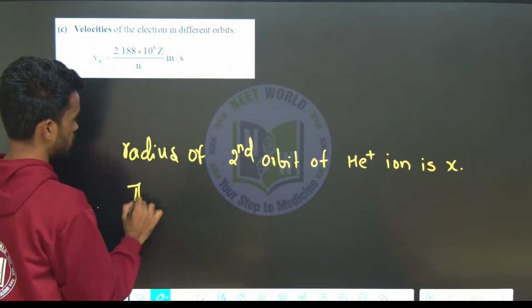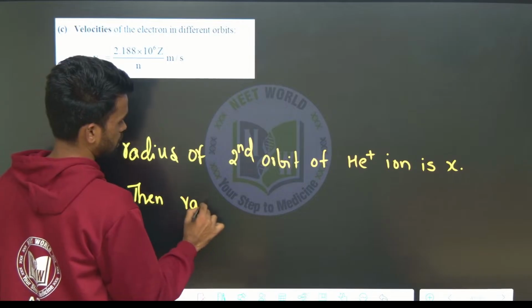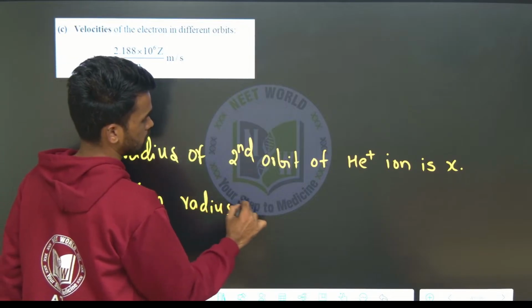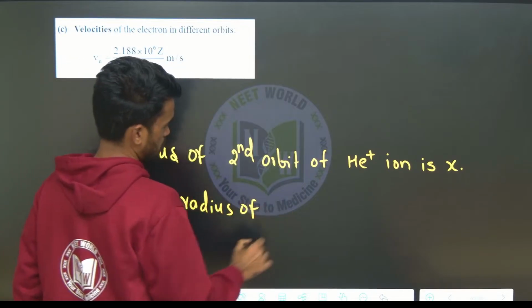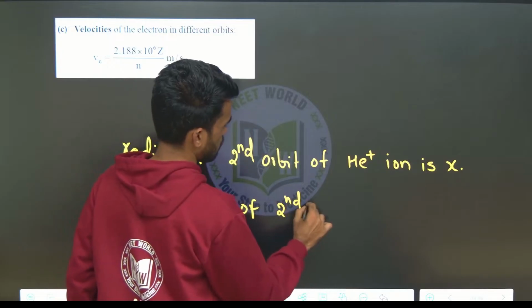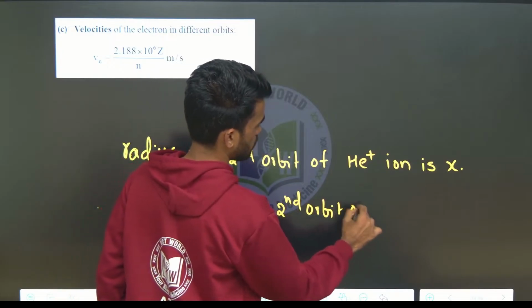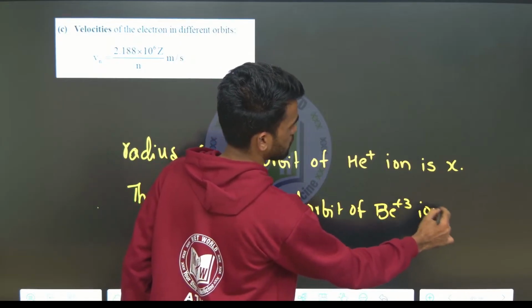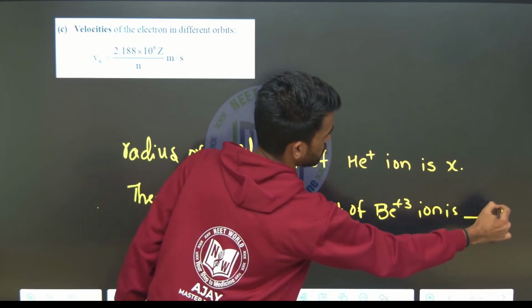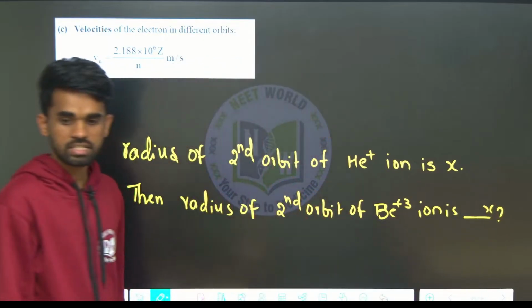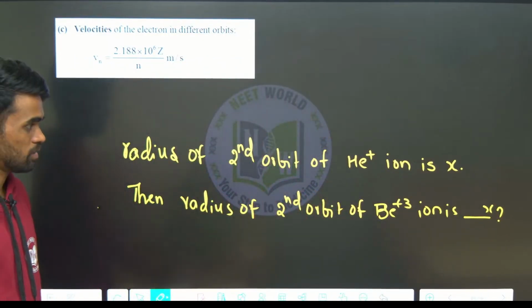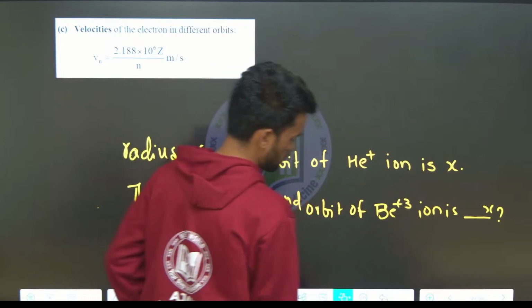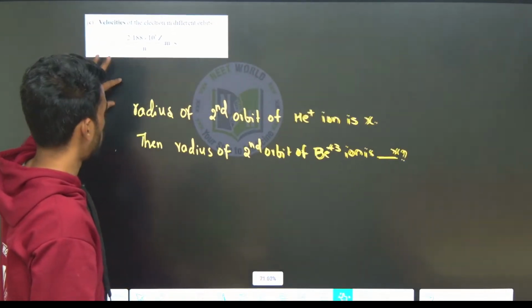Then the radius of the second orbit of Be plus 3 ion is dash times x. What value can I fill in this dash? So how can you do this?